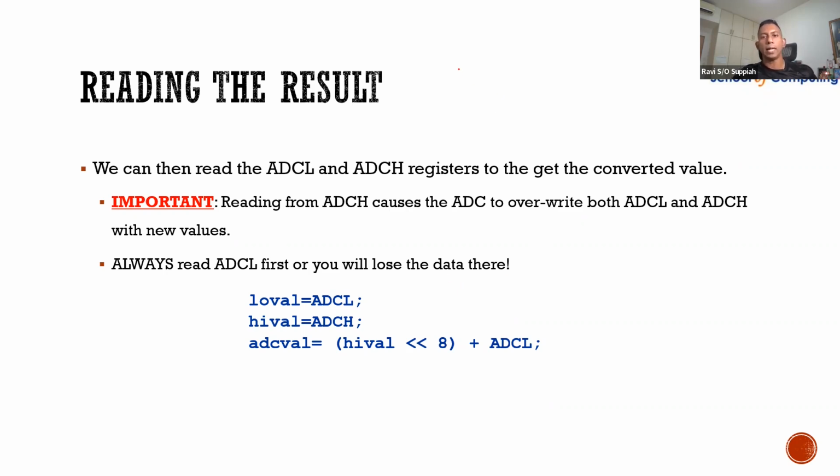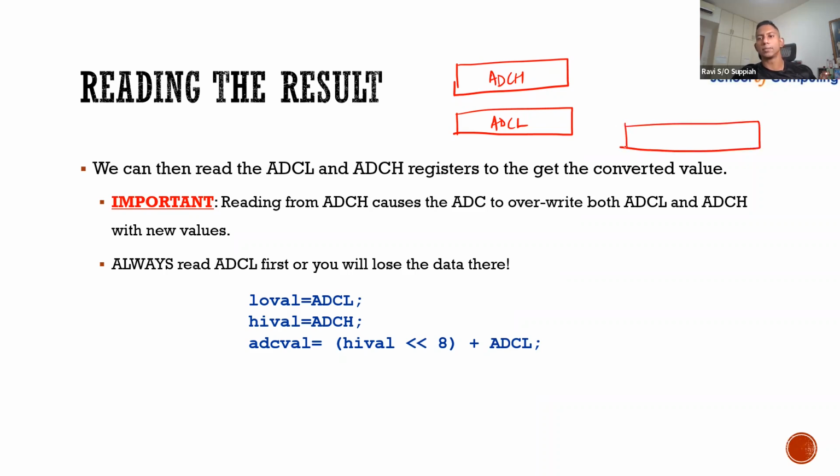We have a 10-bit answer given in two registers, ADCH and ADCL. How do I derive the final answer? I need to make sure this is rearranged such that the final answer looks like this, with ADCH here and ADCL here.